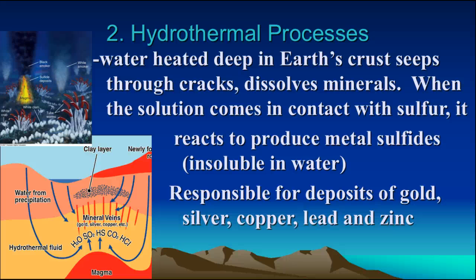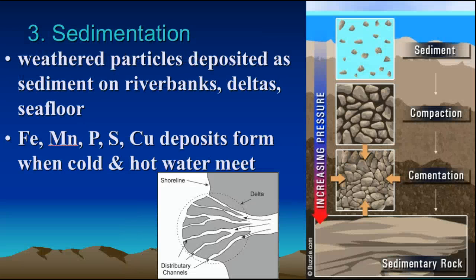And the minerals are, at that point, especially if they've reacted with sulfur, insoluble in water, so that's going to help them to precipitate out. This is going to be responsible for a lot of different deposits of things like gold, silver, copper, lead, and zinc. This happens a lot at those hydrothermal vents in the ocean floors, but it can also happen in cracks underneath the ground as well.